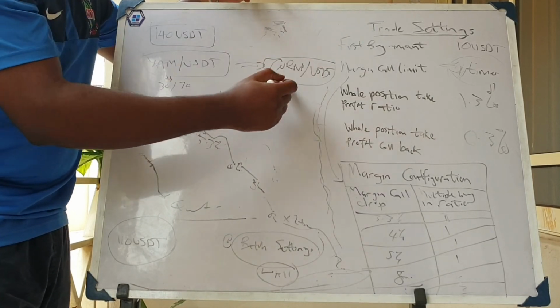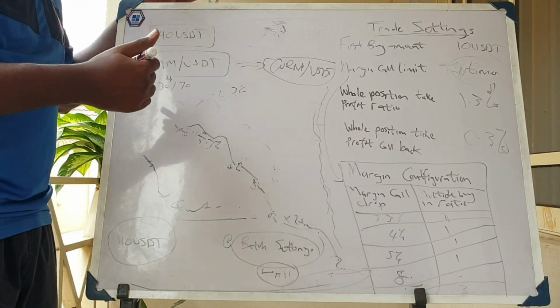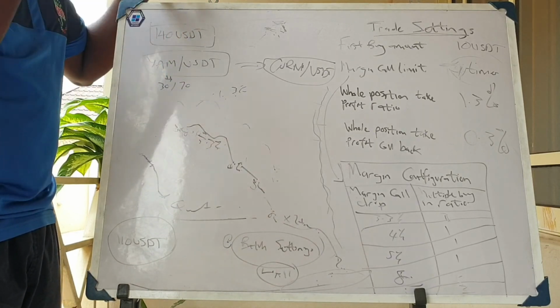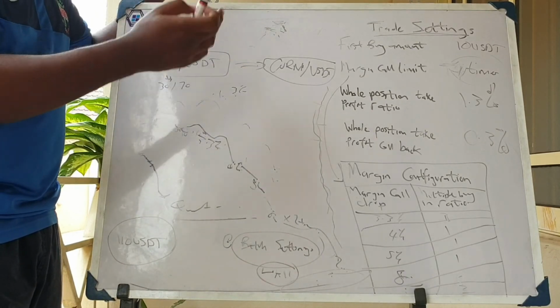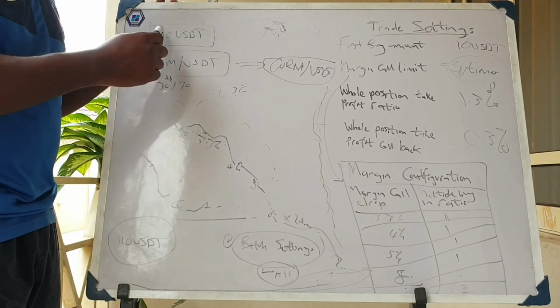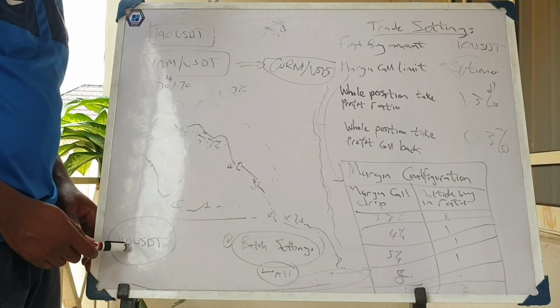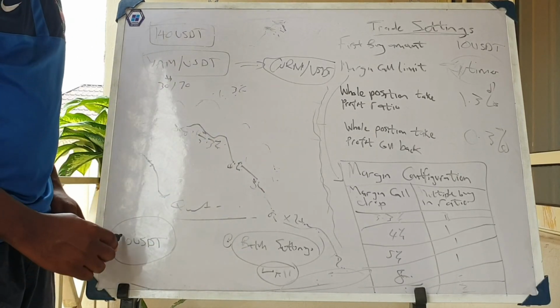So you have 10 times 4, that's 40, and then another 40. Altogether it makes 80. Since 80 USDT has been used to buy for you, you're going to have 60. So here you see that you have 60 USDT.